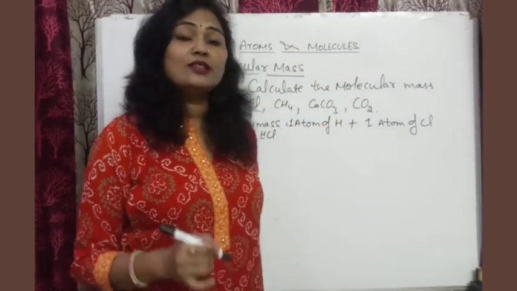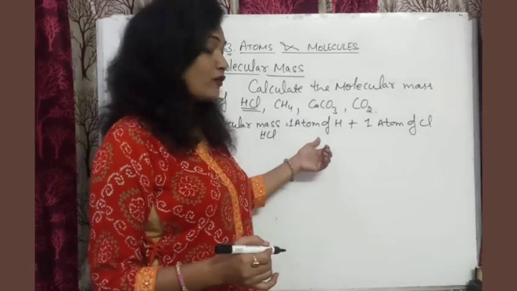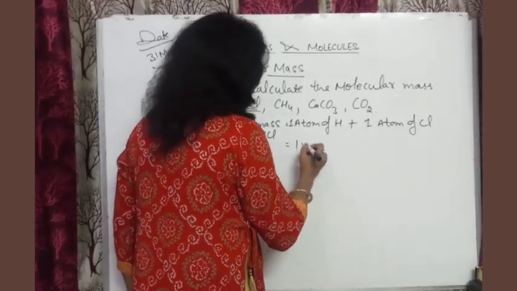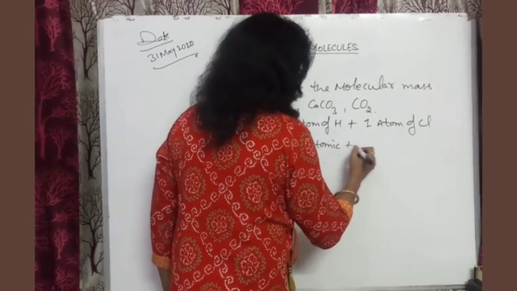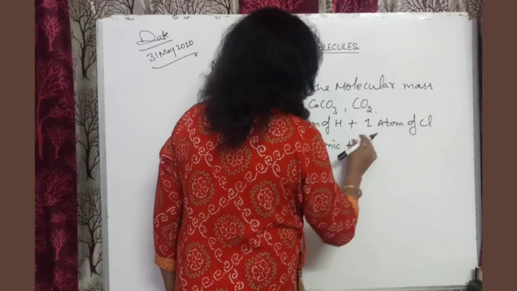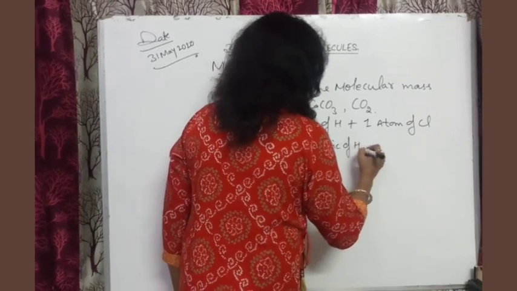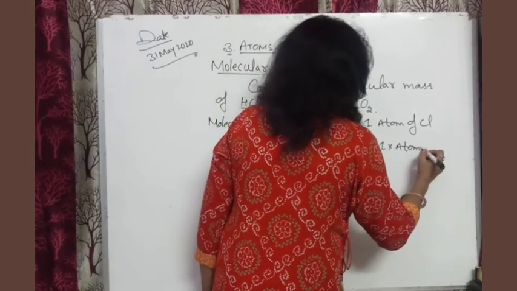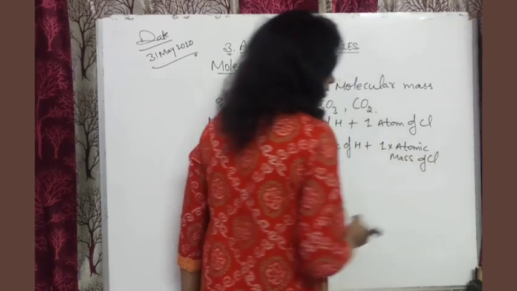The atomic mass of H is 1. So molecular mass of HCl is 1 into the atomic mass of hydrogen plus 1 into the atomic mass of chlorine.